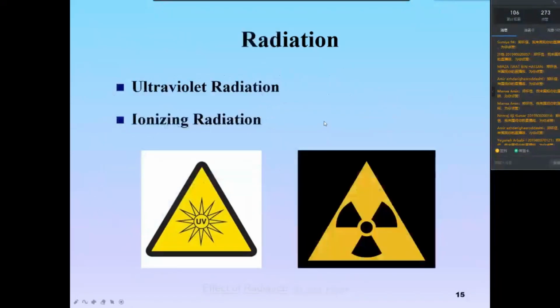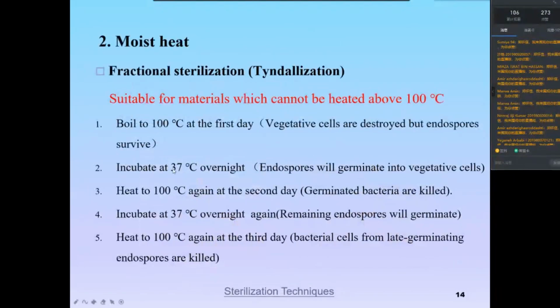Then you give your material some time. You incubate it at 37 degrees overnight. 37 degrees is the proper temperature for endospores to germinate.